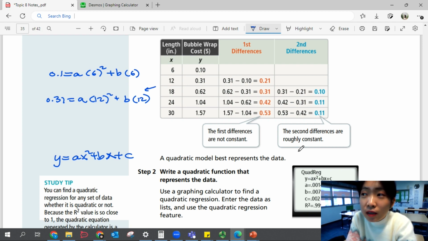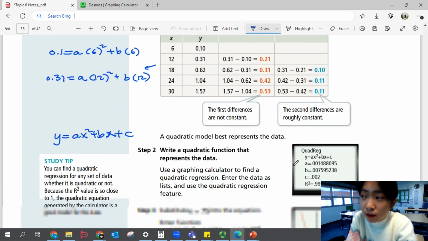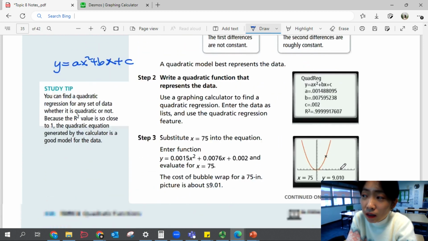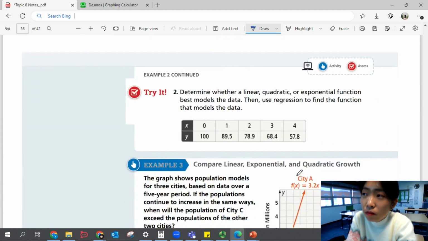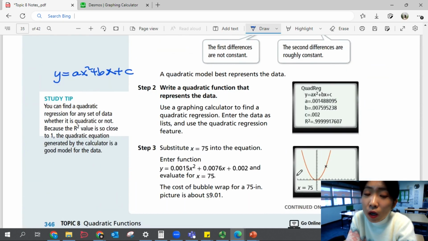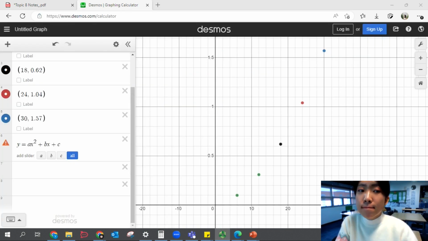The calculator will do the job for you, and these are the values it gives. If you substitute x equals 75 into the equation, you will get 9.010, and that's going to be 9.01. Okay, so you do need to use a calculator.